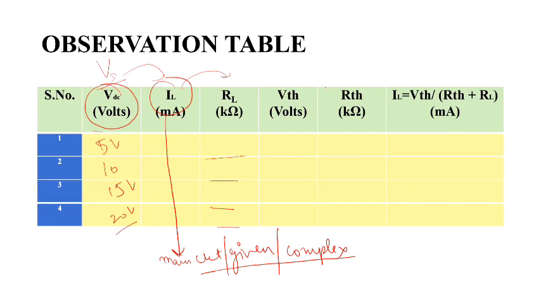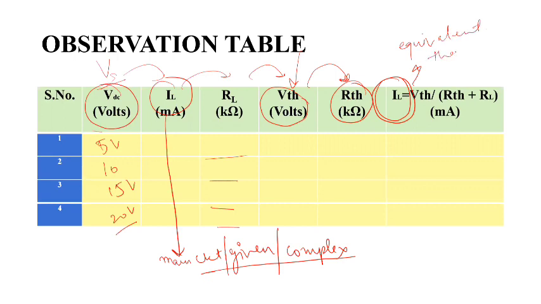All right, next column is your Thevenin's voltage. You now clearly know how to calculate Thevenin's voltage. Next column will be your value of RTH, that is your Thevenin's resistance. And once again you are going to encounter IL in the observation table, and that IL will be from the equivalent Thevenin's network.